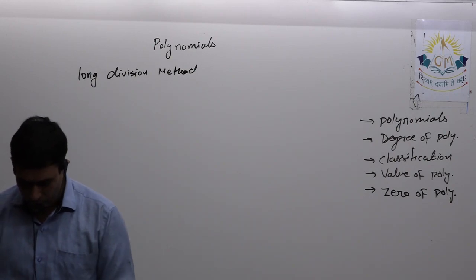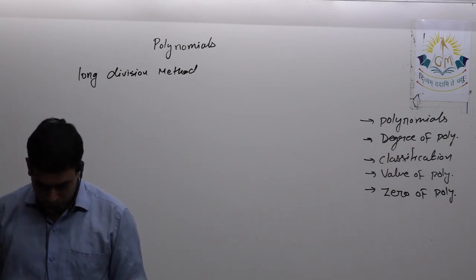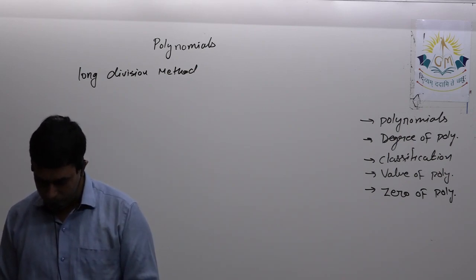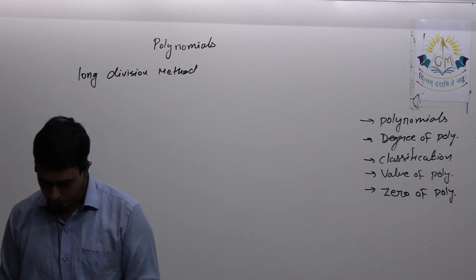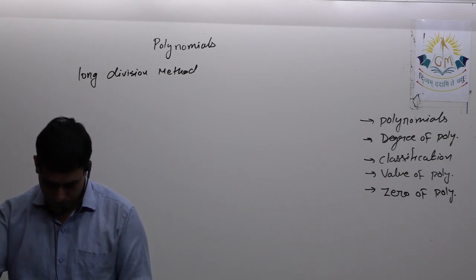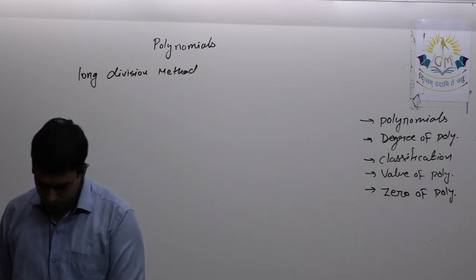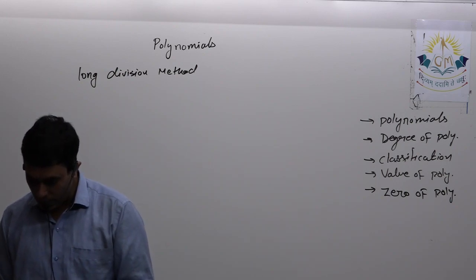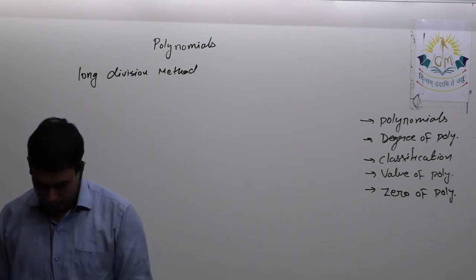We'll see one example of this. Then we come to the remainder theorem, the long division method of dividing a polynomial by another polynomial.